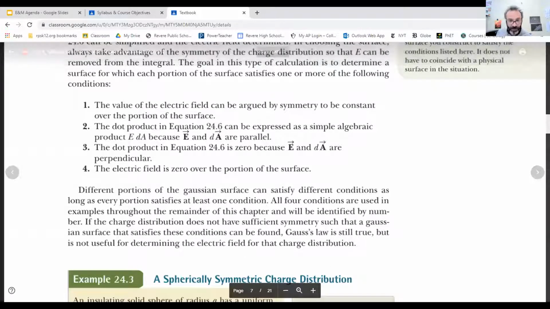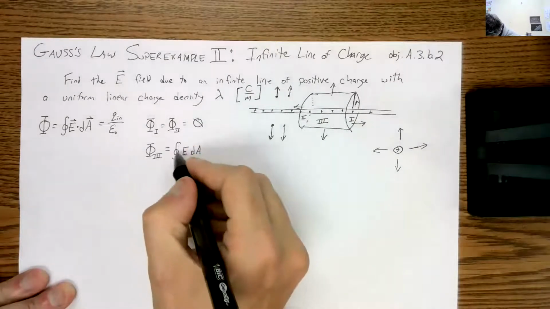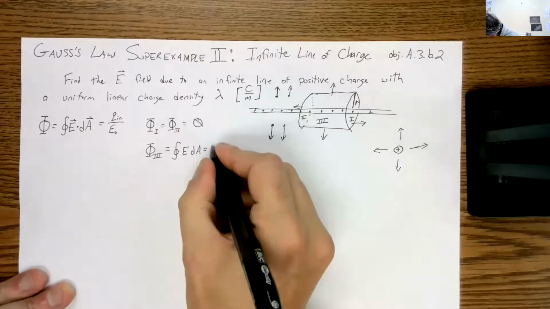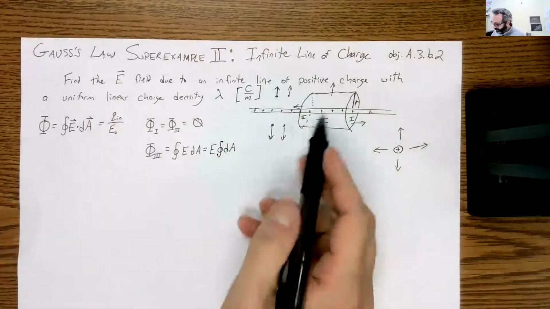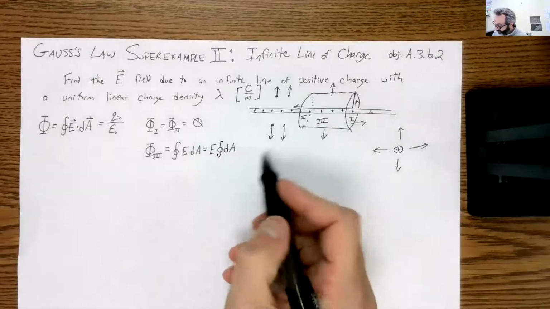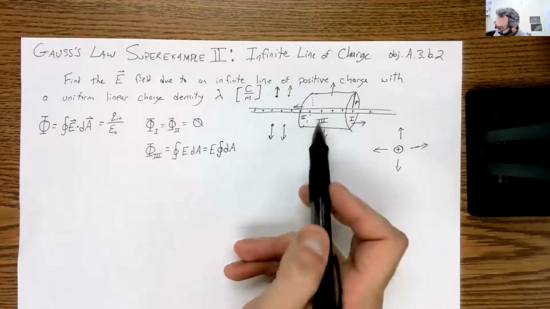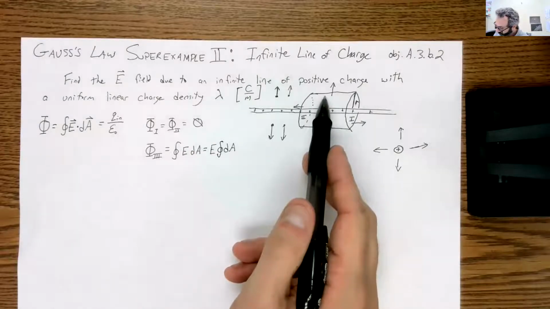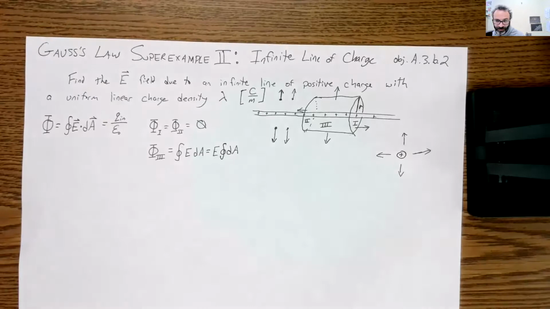So we can take the electric field out of the integral because it's constant, and we really just have the surface integral of dA. If we integrate over the infinitesimal area dA, we just get the total area. So all we need to know is the surface area of the cylinder here.